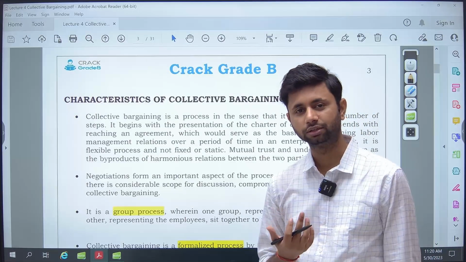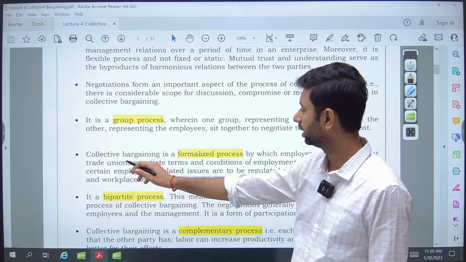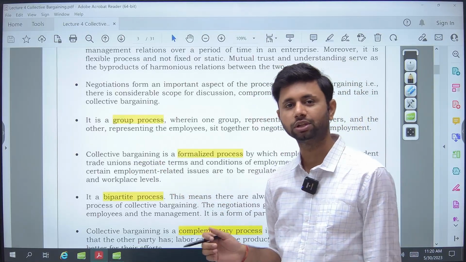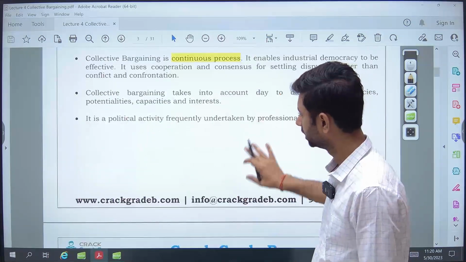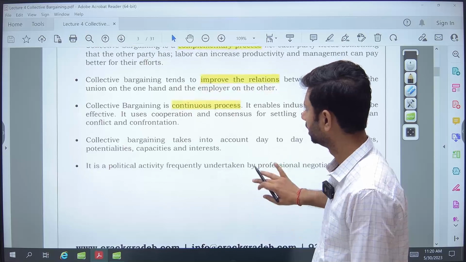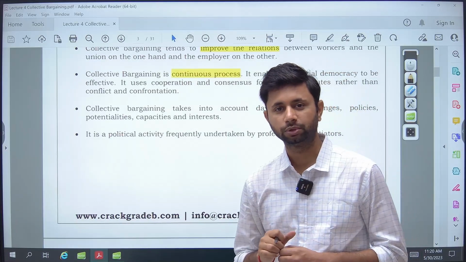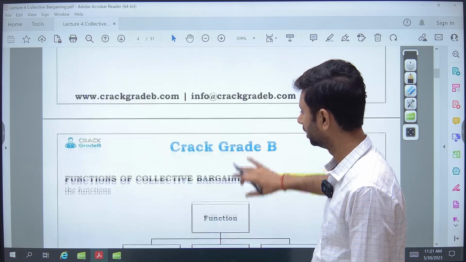If the question says that it is an informal process, then you can easily cut it, because it is not an informal process. In this manner, only the questions will come. It is not a complementary process. It doesn't improve the relationship. If you have understood the concept, you can easily relate what the characteristics of collective bargaining are.